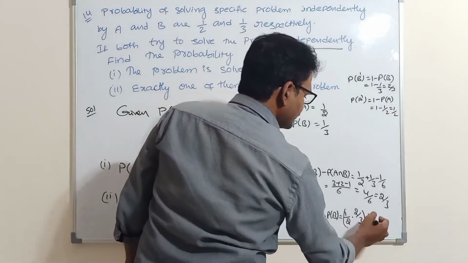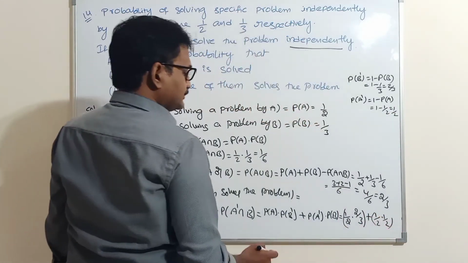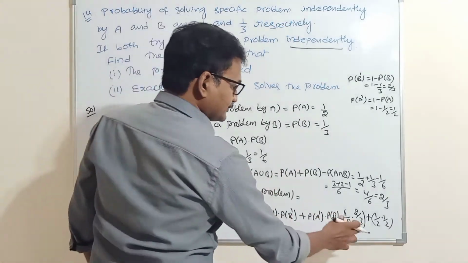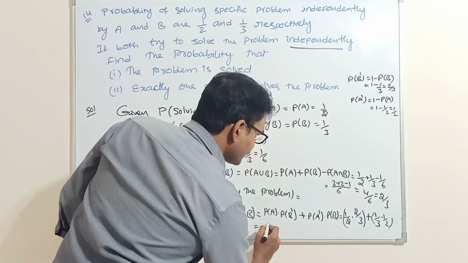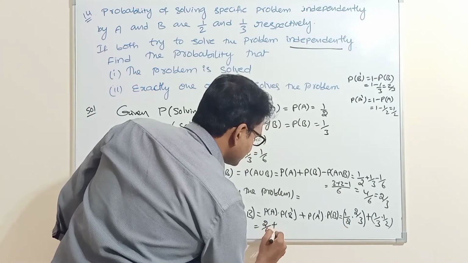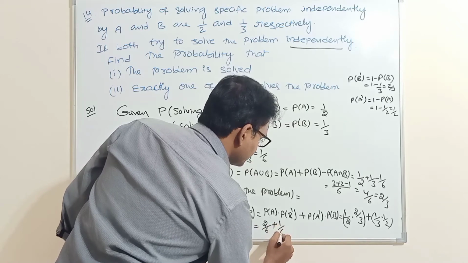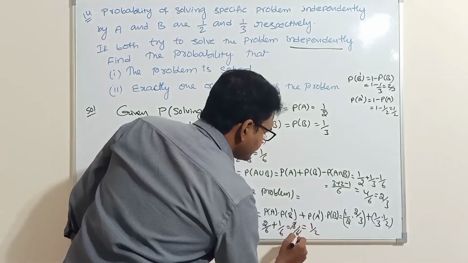So it is 1 by 2 into 2 by 3, plus 1 by 2 into 1 by 3. So the final answer is 2 by 6 plus 1 by 6, so 3 by 6. 3 by 6 means 1 by 2 is the final answer.